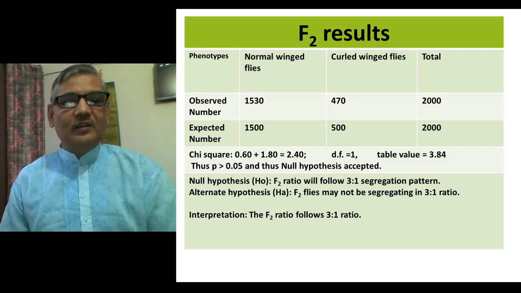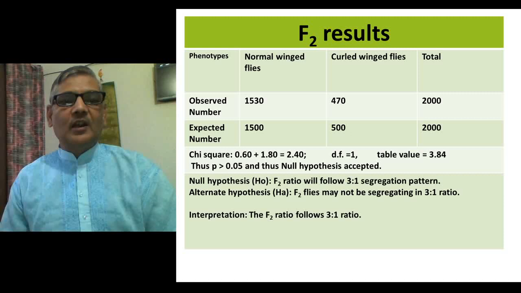It means the present result follows the Mendelian pattern of inheritance, that is the 3:1 ratio. The segregation ratio is being observed in the present case. So this way you can perform the whole experiment and you can interpret your data.